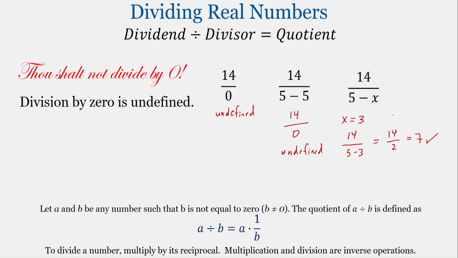Nice integer. For pretty much all values of x, we would end up with a real number. But there is a case where this is not true. How about where x is equal to 5? So we'd have 14 all over 5 minus 5. So once again, 14 over 0. And this is undefined.